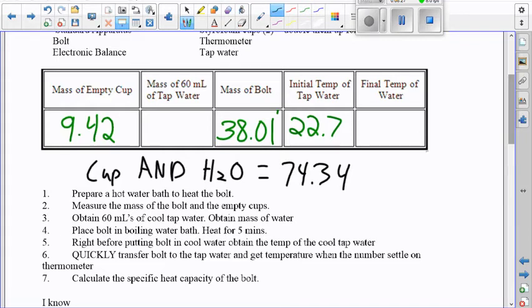Now, if I want to find the mass of my about 60 milliliters of water, what can I do? Yeah, so if I have cup and water, if I subtract the mass of just the cup, which in this case was 9.42, someone plug that in for me. 64.92.